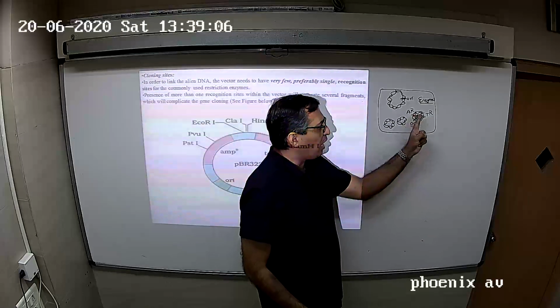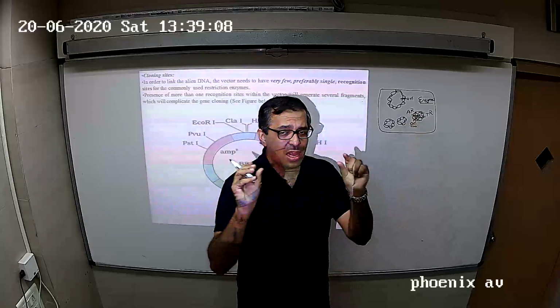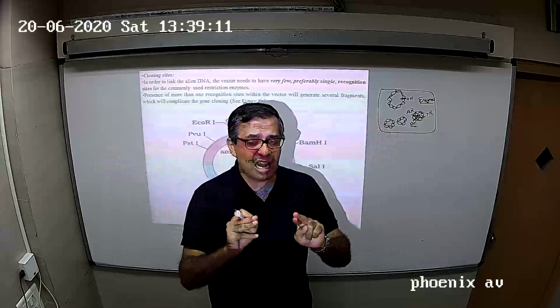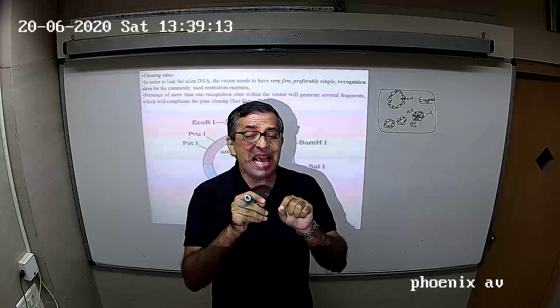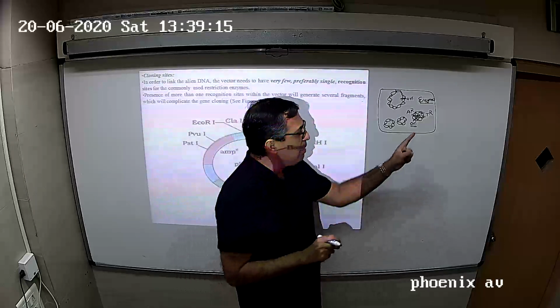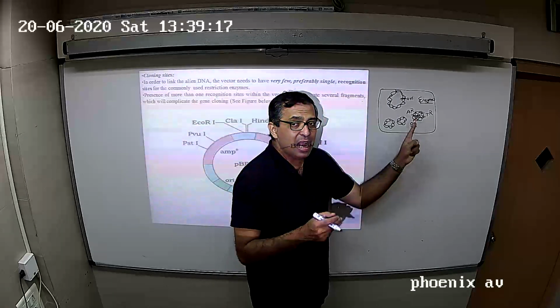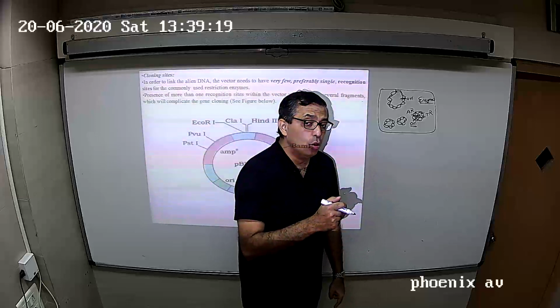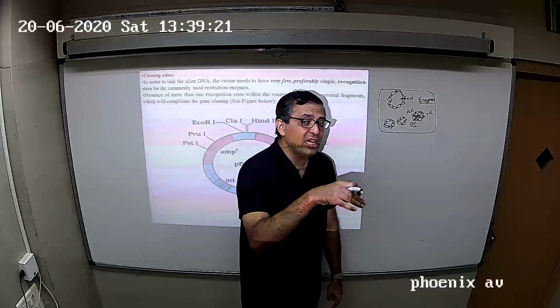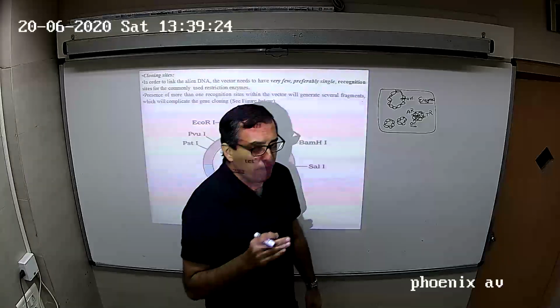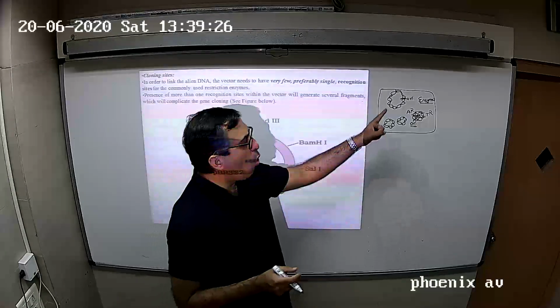Now these two genes will undergo transcription and translation to form enzymes which will make the plasmid become resistant to antibiotic ampicillin and tetracycline.